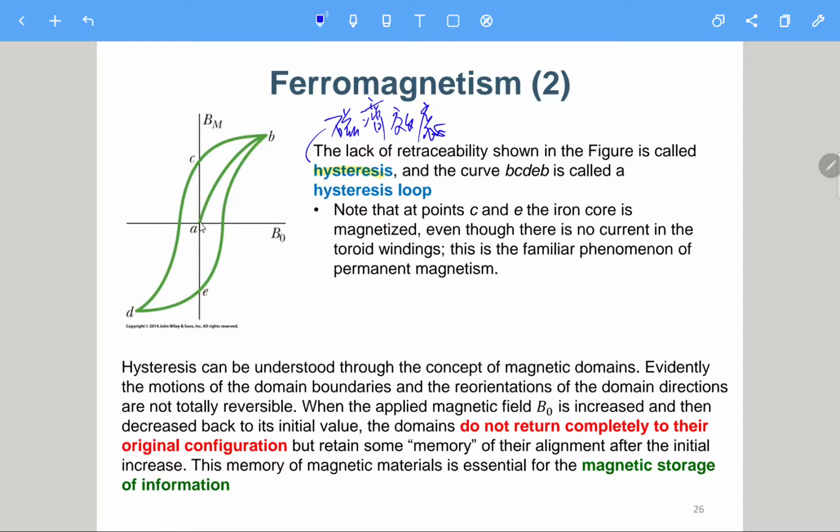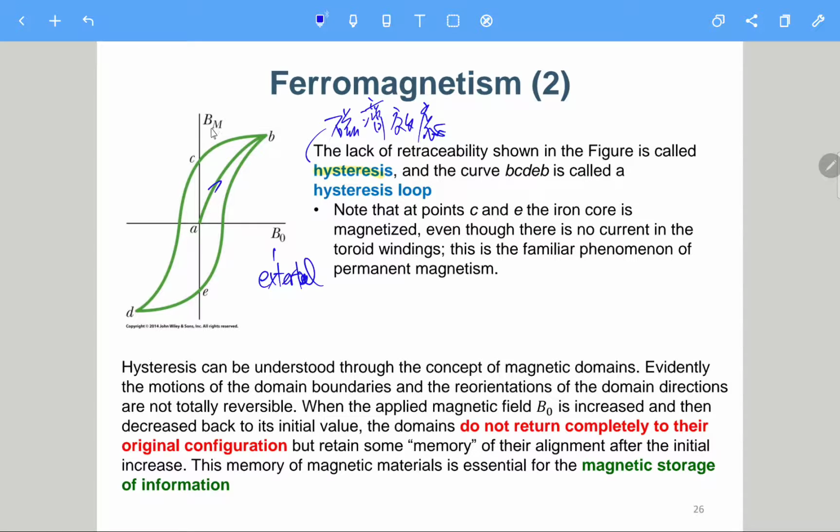So if we increase the magnetic field, B0 is the external magnetic field. Now we increase the magnetic field up to this point, and then we reduce the magnetic field.